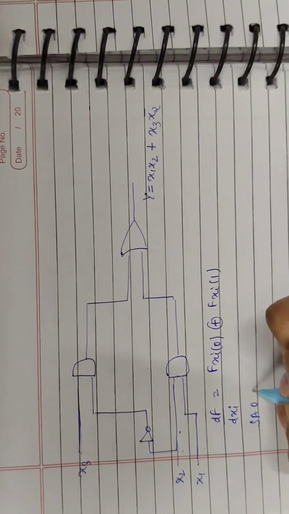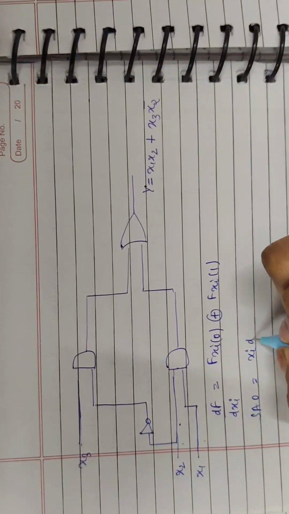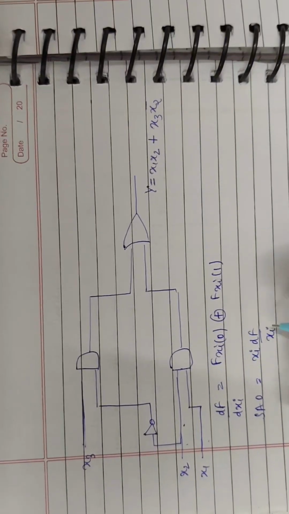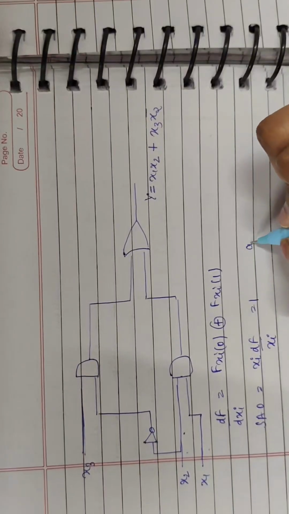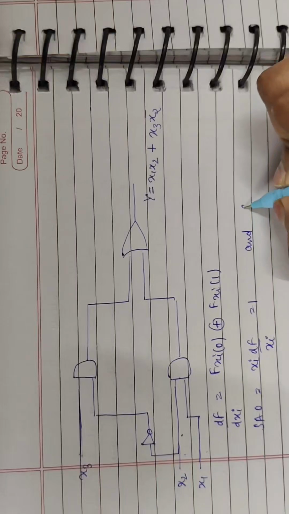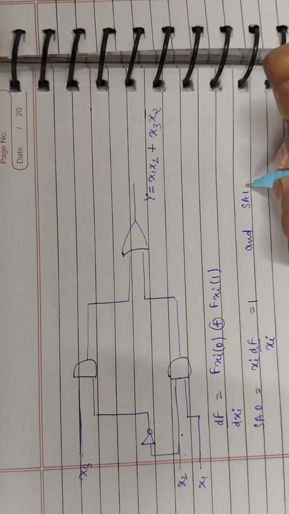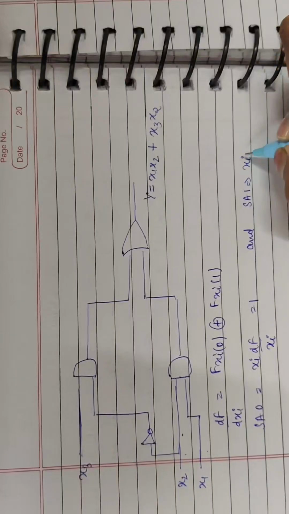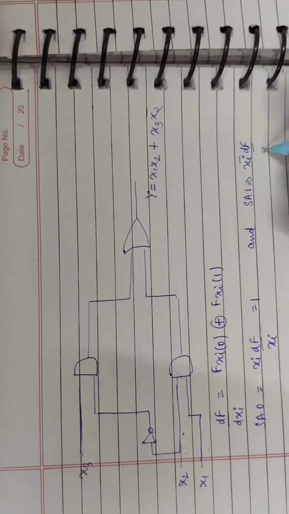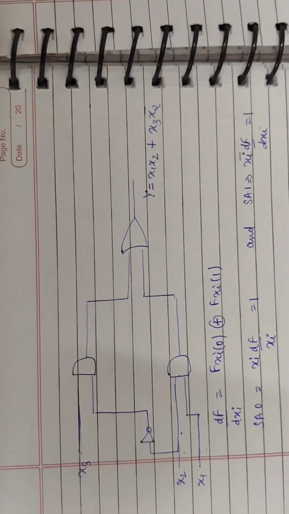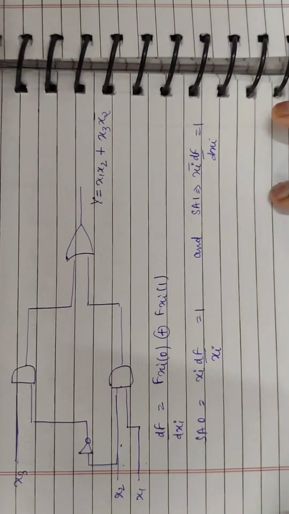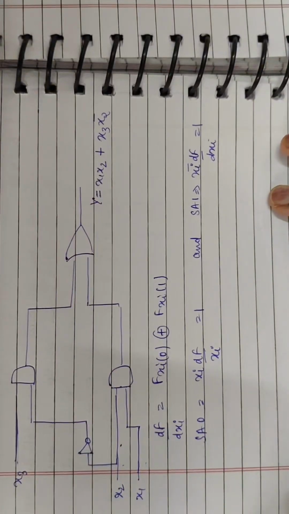For stuck at 0, the formula is given as xi df by dxi is equal to 1, and for stuck at 1, the formula is given as xi bar df by dxi is equal to 1. So basically these three equations are used for calculating the test vectors.